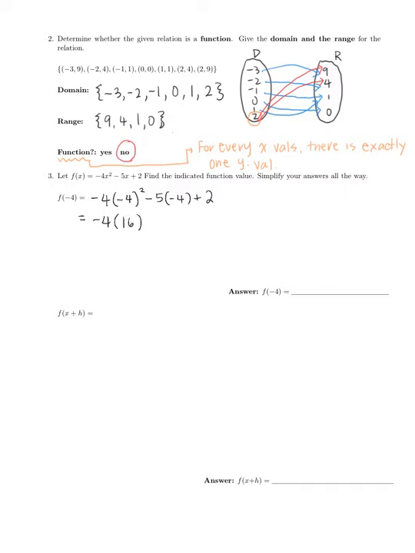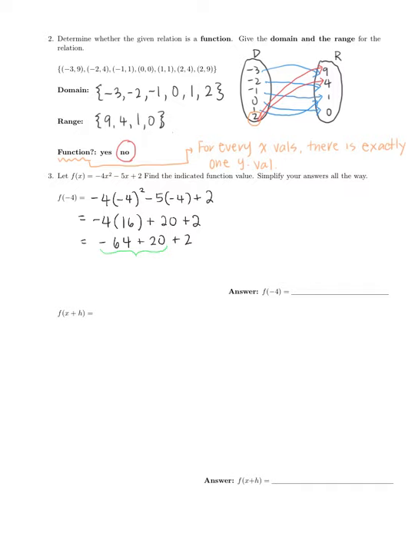And then negative 5 times negative 4, so minus 5 times -4, gives us plus 20, and then plus 2. So here we have -4 times 16, that's -64, plus 20, plus 2. When you add and subtract numbers, you always have to compute from left to right. So first add those two together, -64 plus 20.